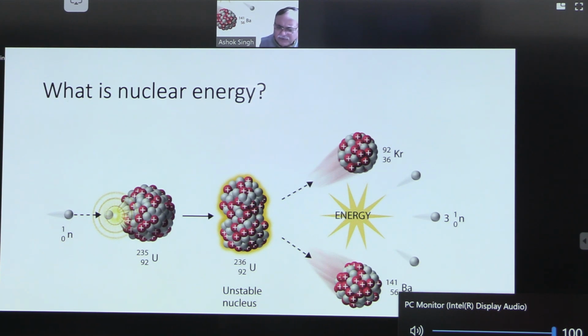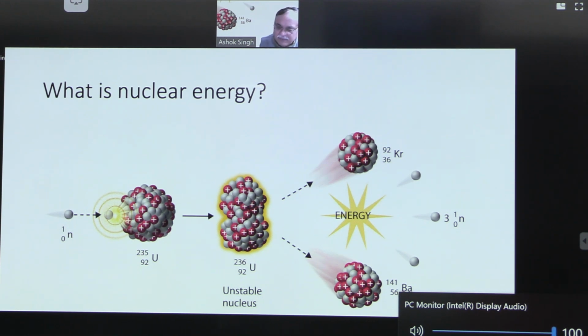Now neutron does not break the nucleus. Neutron gets absorbed into the nucleus. It becomes part of that nucleus and makes it unstable.